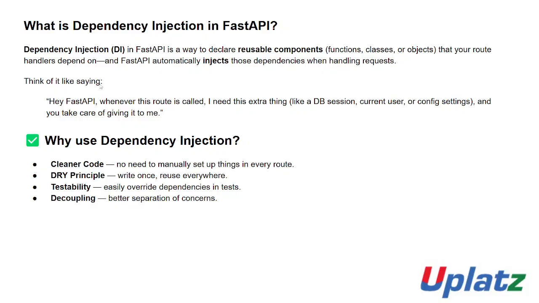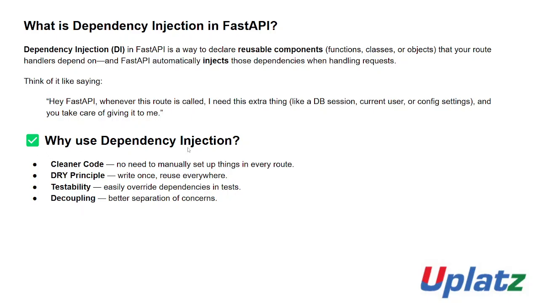Think of it like saying, "Hey, FastAPI, whenever this route is called, I need this extra thing," like a DB session, current user, or config settings, and you take care of giving it to me. So when something happens, it will do something specified as the dependency injection.